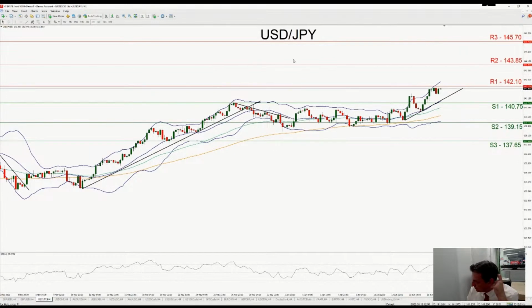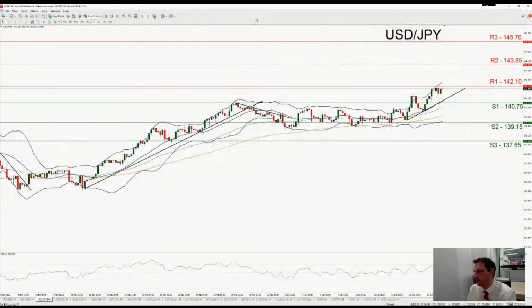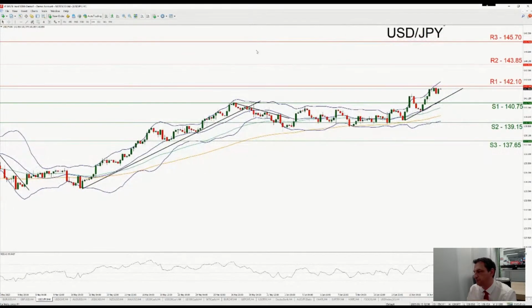In that case, I would expect the price action to break the upper trend line guiding it. For a bearish outlook, I would require the pair to drop, break the upper trend line, but also I would require a clear break of the 140.75 support line, nothing less. It has to break below the S1.